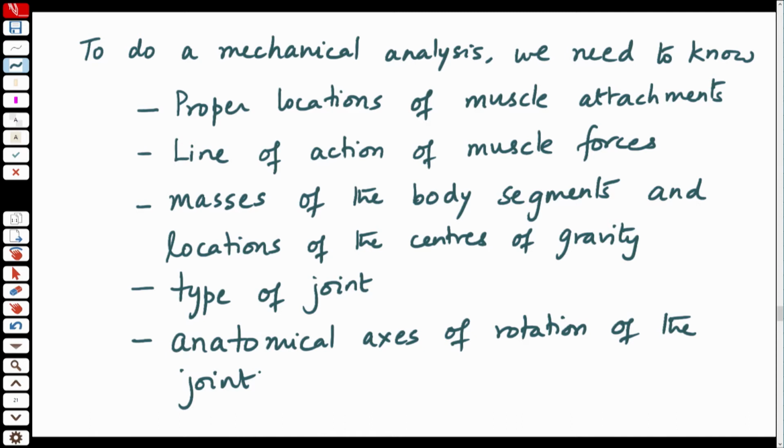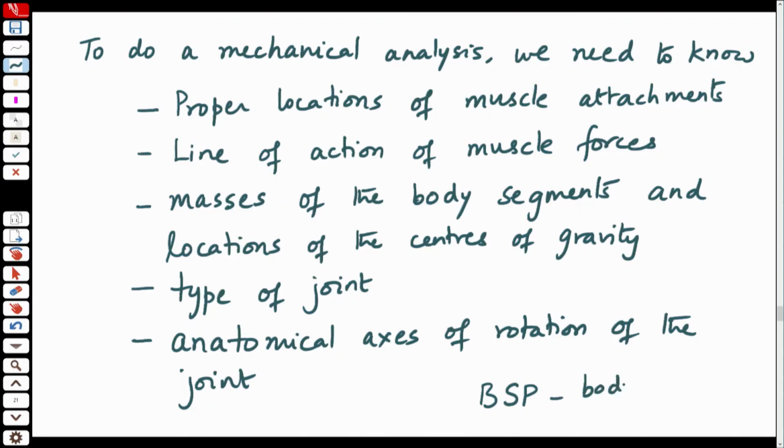These are typically known as BSP, and of course, when we go to the dynamic problems, we will also need to know the moments of inertia of these segments. So, these are called body segment parameters, and we will talk about where we can obtain this data.